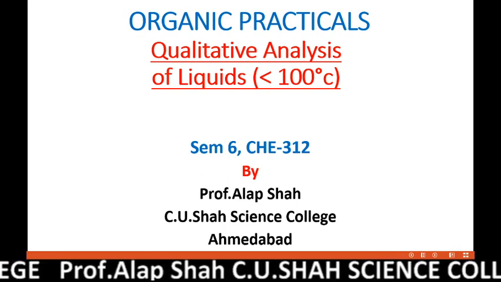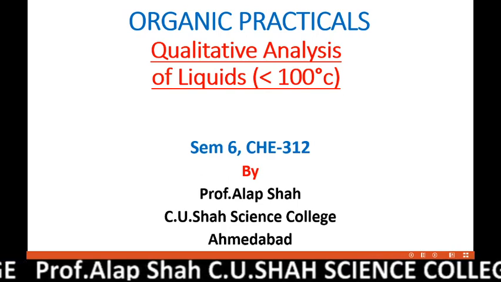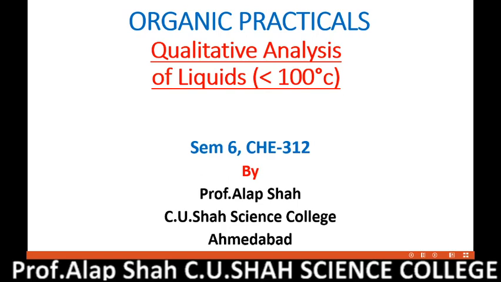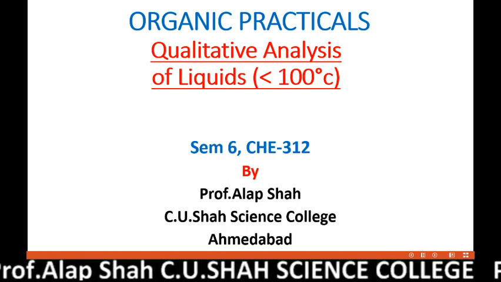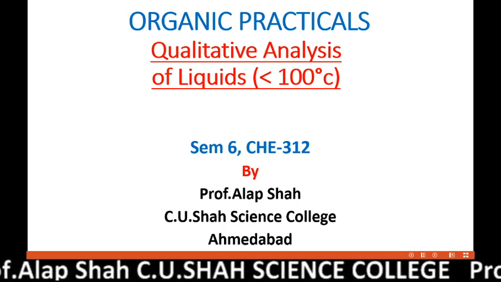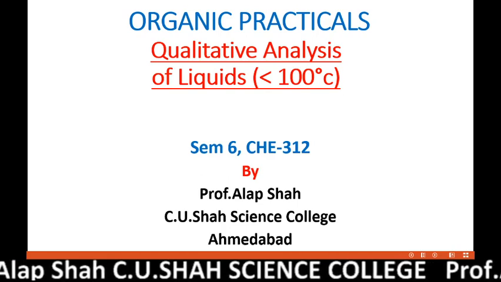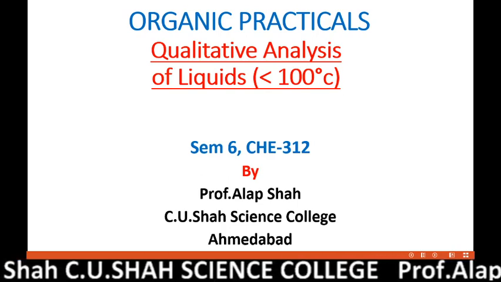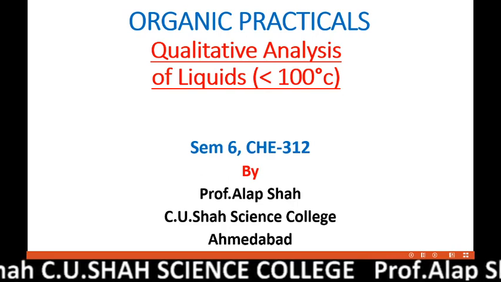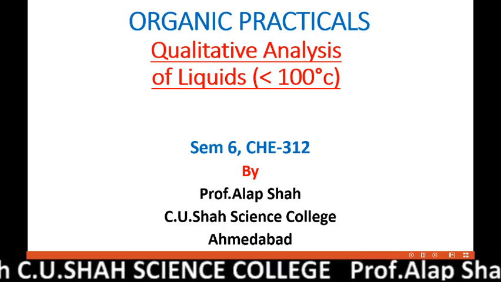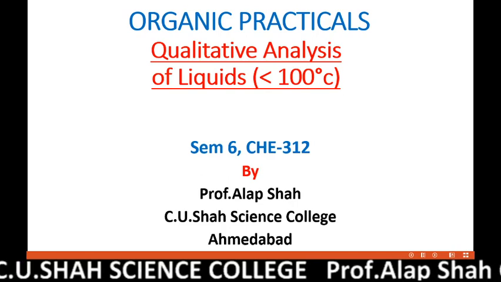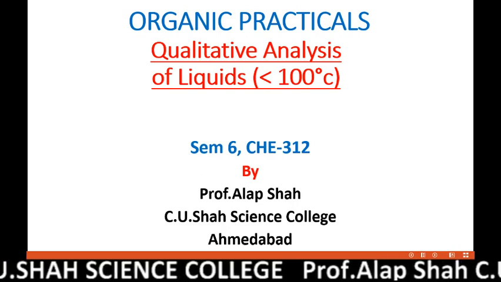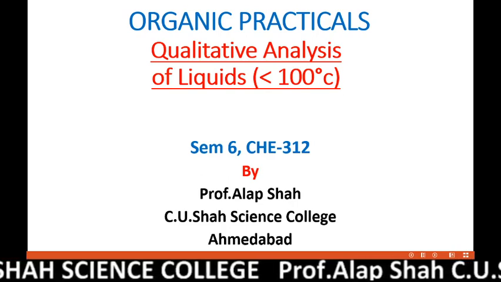So in a binary mixture, particularly of the type solid plus liquid and liquid plus liquid, there are certain criteria. In a liquid-liquid mixture, the first liquid would have a boiling point less than 100 degrees Celsius, and the second liquid would have a boiling point greater than 100 degrees Celsius.